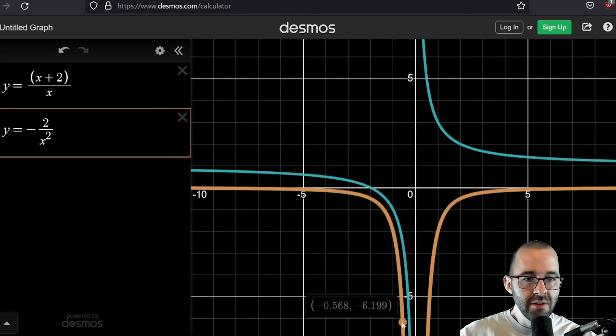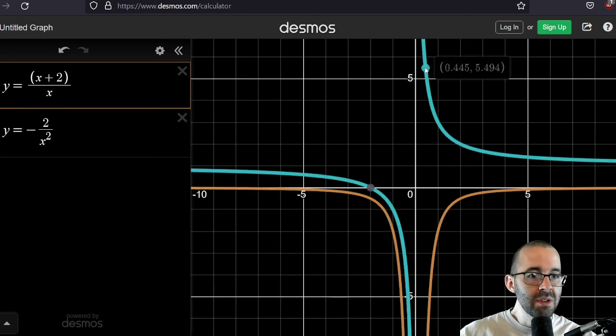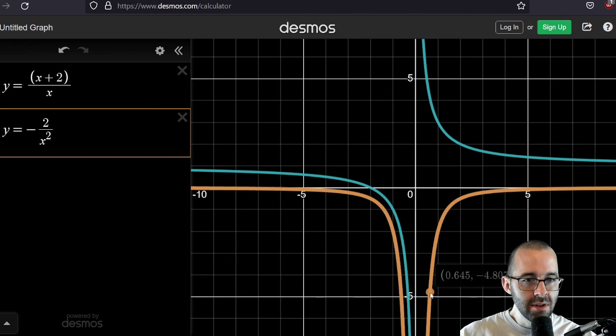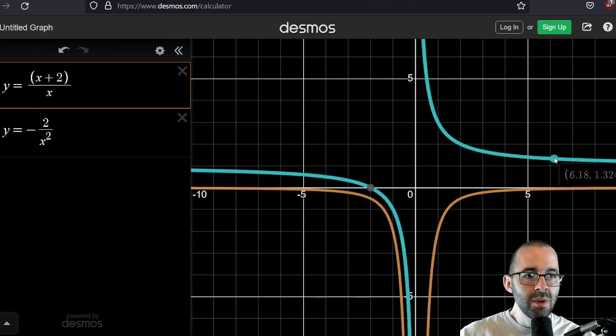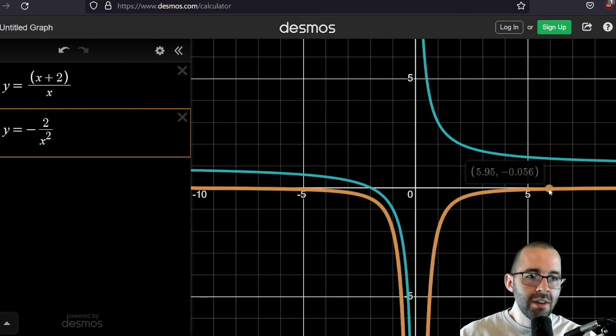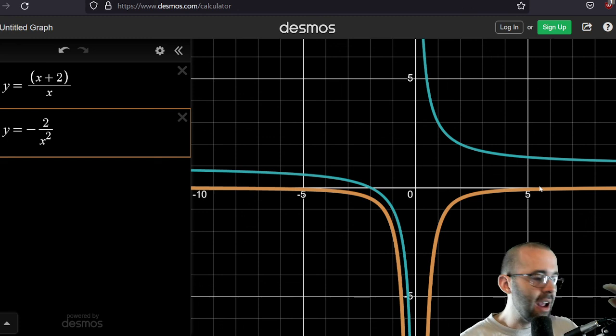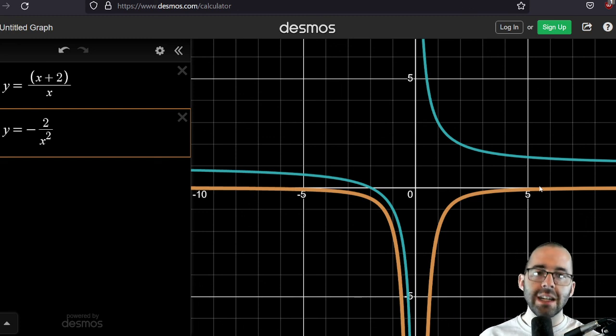Y value of the slope function is a big negative number. Slope is still a big negative number. What's the slope of this blue graph here? It's a small negative number. It's still decreasing. And again, the function value of our slope function is still a small negative number, negative 0.056 here. So that's one of the ways to see the relationship between a function and its derivative function, its slope function, if you will. All right, that ties it all up together.